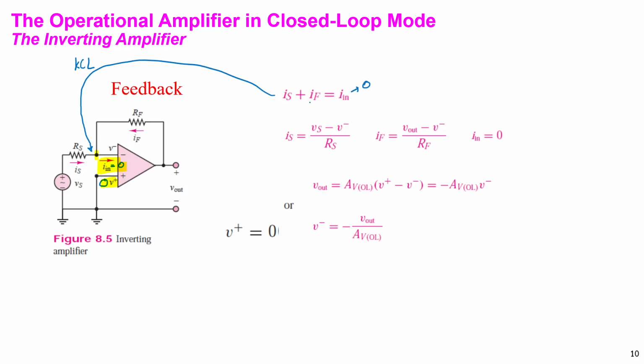So what is I_S? I_S will be V_S minus V negative divided by R_S, right here.